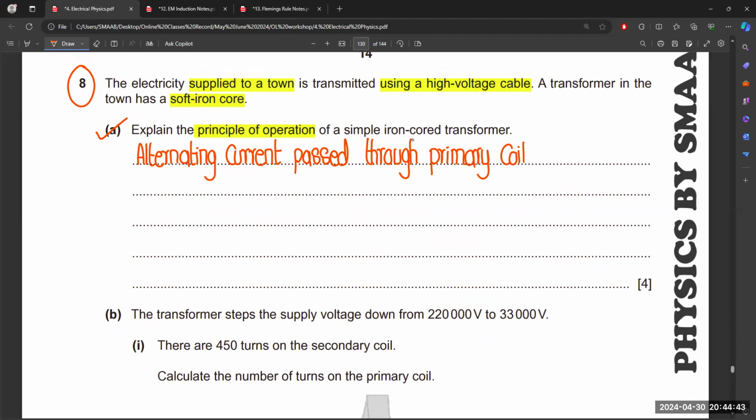Basically, alternating current passes through the primary coil, and when current passes through the primary coil, it produces a change in magnetic field.